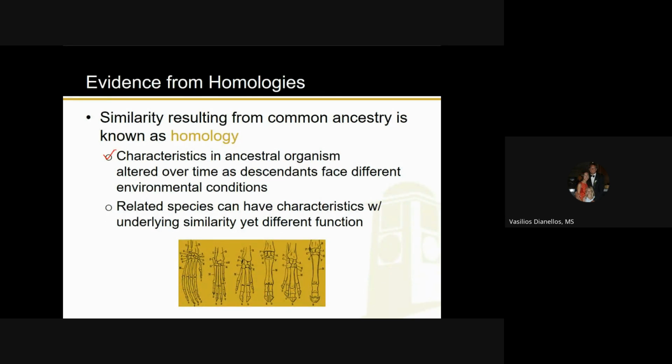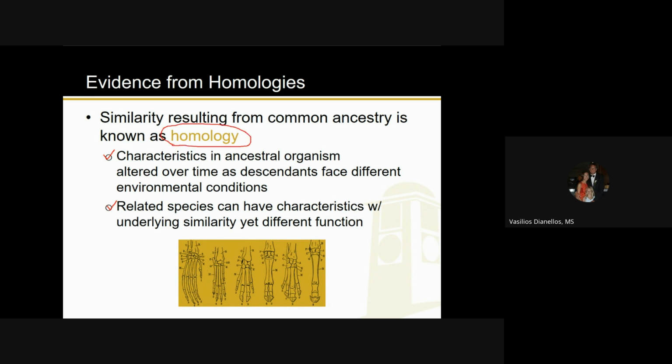Therefore, there are different advantages and disadvantages to different traits they have. So the descendants will look different after a while because they're facing different environmental conditions. Therefore, related species can have characteristics that have underlying similarities, yet very different functions, right? And this is what we're going to talk about in the next couple of slides. But this is all talking about homology, right?